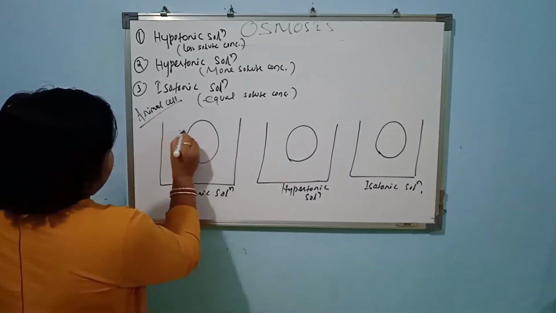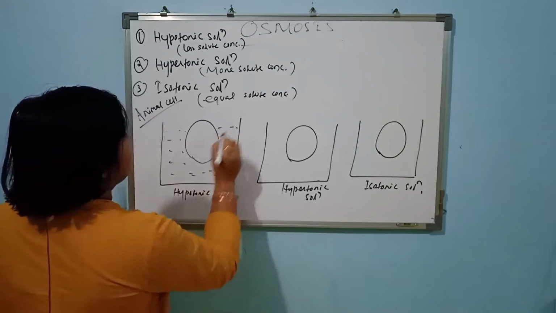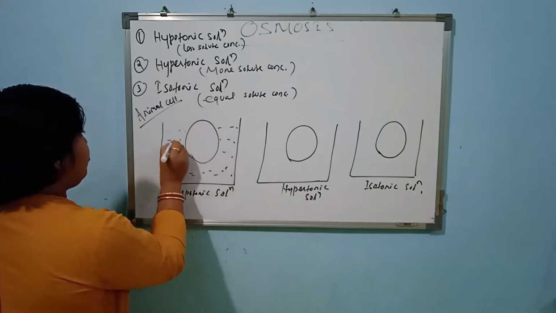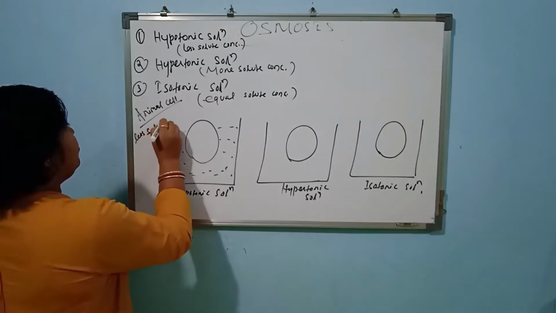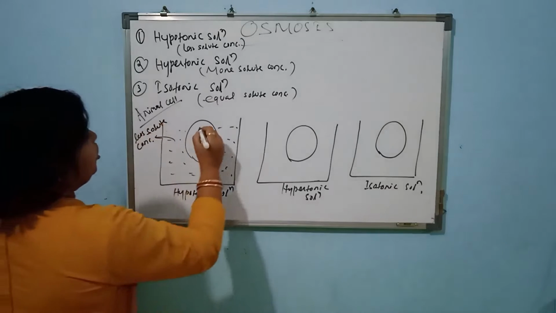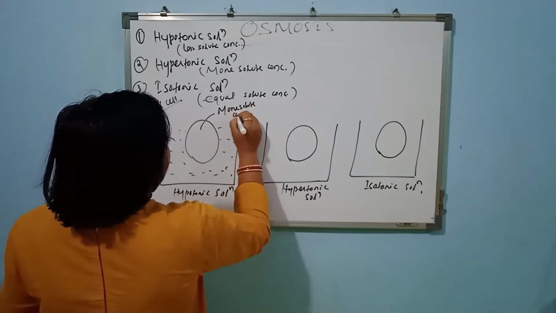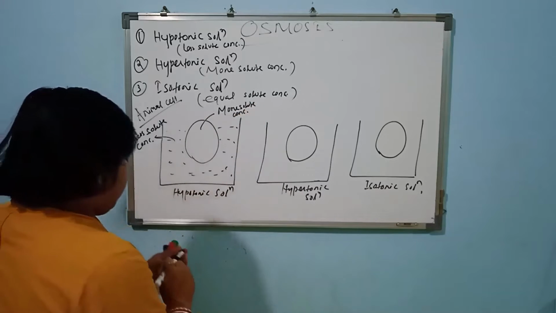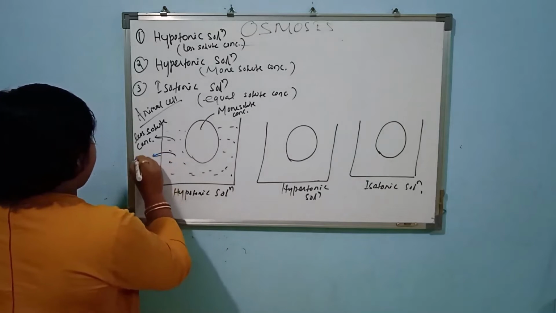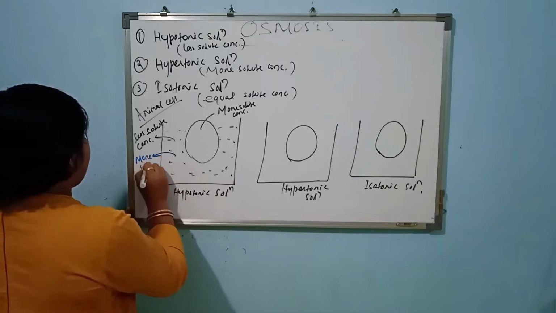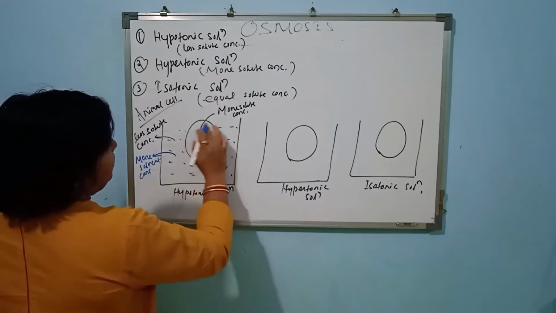In hypotonic solution, you will find less solute concentration compared to this cell. Inside the cell you will find more solute concentration. It means outside you will find more solvent concentration compared to the cell.